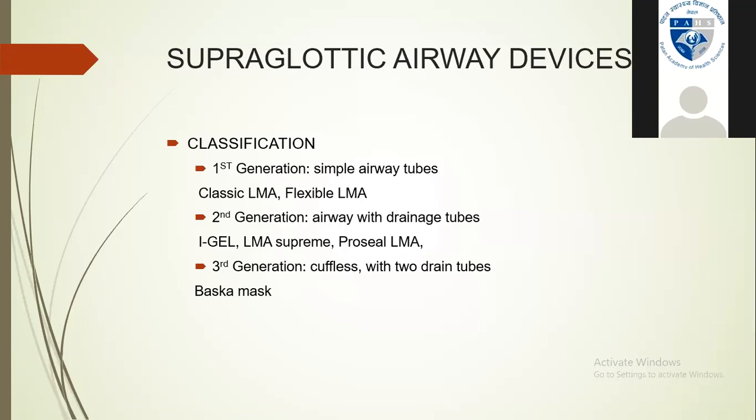First generation are simple airway tubes, which include the classic LMA and flexible LMA, which we will be discussing in further slides. As we increase the generation, the advantage is that there are more passages for maneuver and drainage. In second generation, we have the i-gel, LMA Supreme, and ProSeal LMAs, and the third generation is a complex device with two drainage tubes, consisting of the BASKA mask.